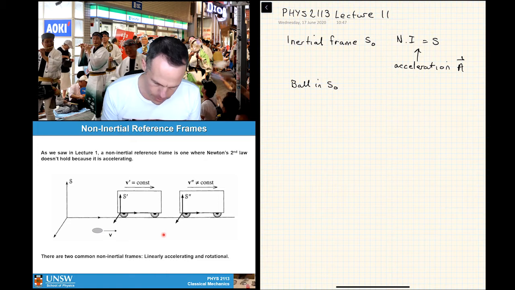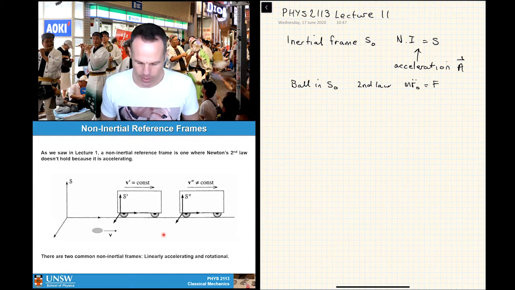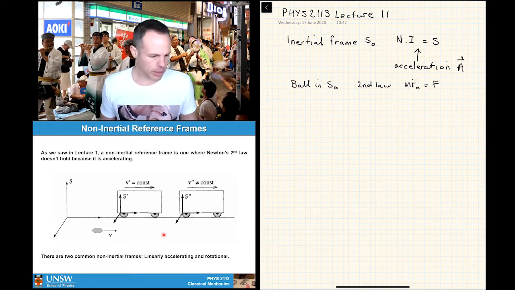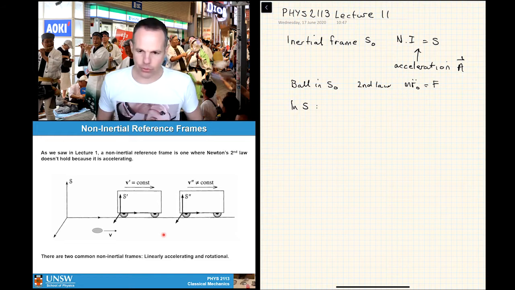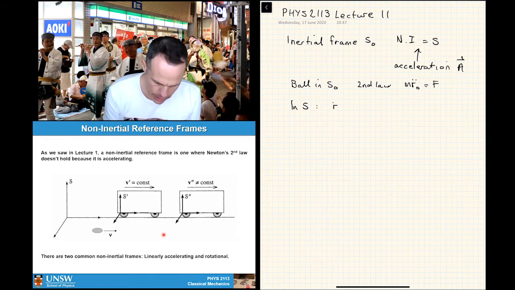So our second law here basically says m r0 double dot is equal to F. Okay, so that's just Newton's second law, F equals ma, where I've written the position r0 in the frame S0, and I've got a double dot to tell me that's an acceleration, okay? All right. Now, if we go to the non-inertial frame, which is the one that we're interested in, we're going to describe the ball's position relative to S as R.